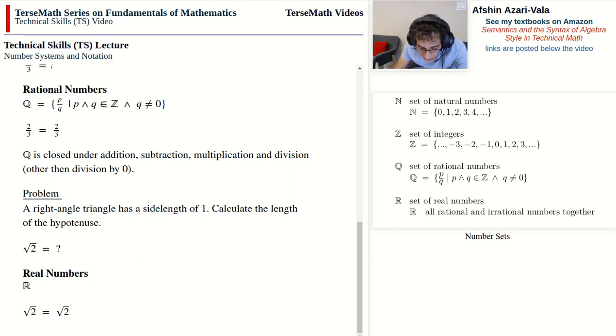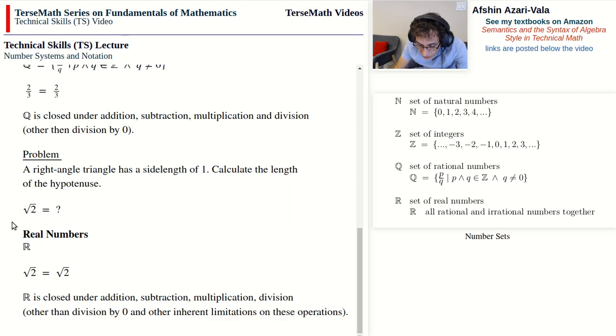All right, so what we have now is that R is closed under addition, subtraction, multiplication, division, other than division by 0, and also it's closed under other operations, like taking a square root, other than any inherent limitations on these operations.